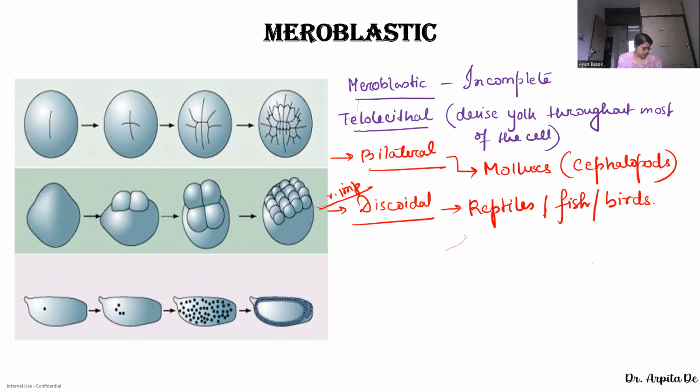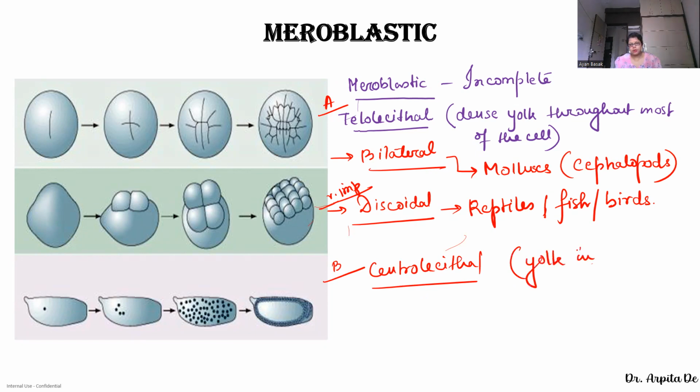Now coming to the last one. This one in meroblastic, A was your telolecithal, now B is your centrolecithal. In centrolecithal egg, what happens? The yolk is in the center.